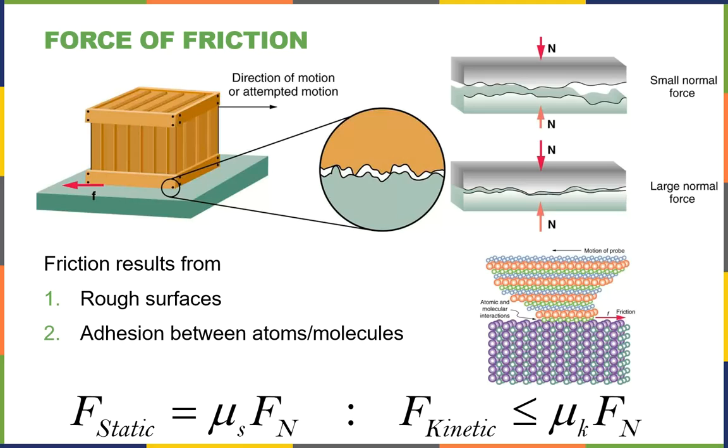If I have an object like this mass sitting on the table, right now there's going to be a little conformation between the surface of the table and the bottom of this. If I slide it, it will come out of that and it won't have quite as much friction while it's sliding as it had when it was stationary.